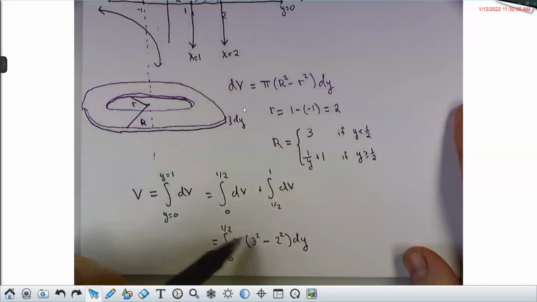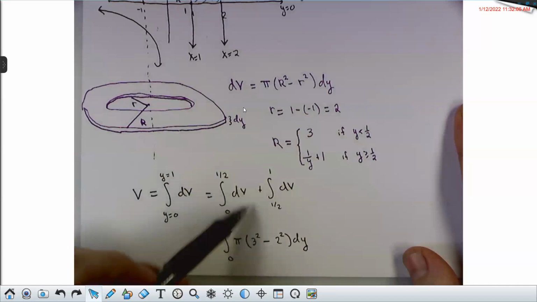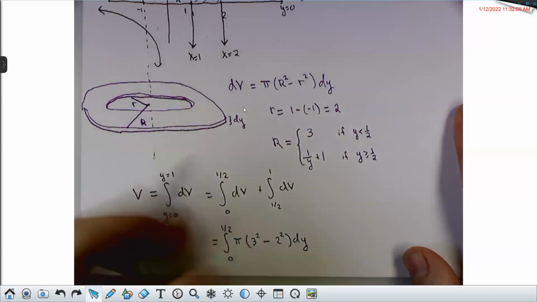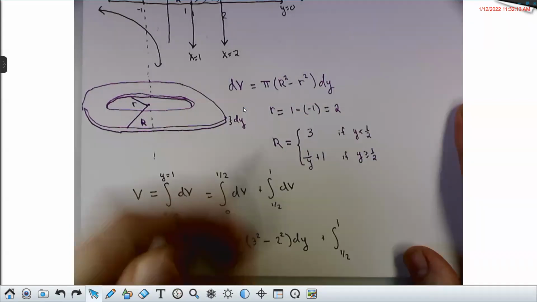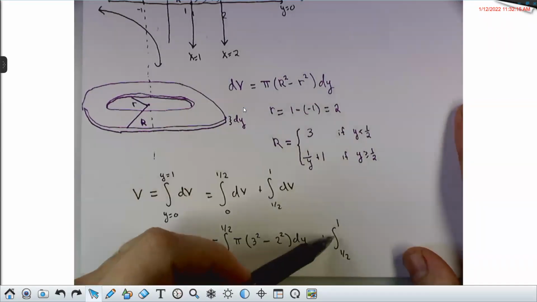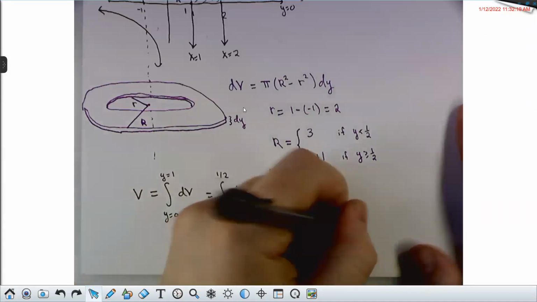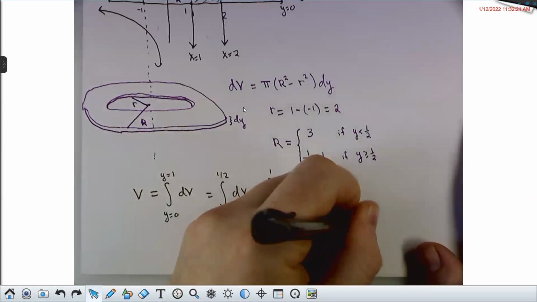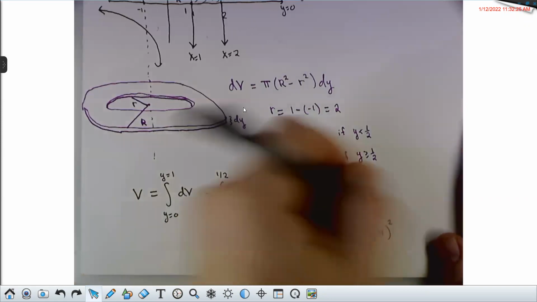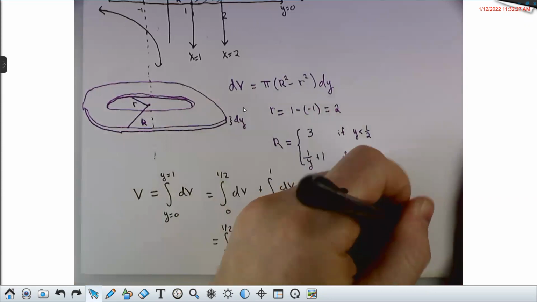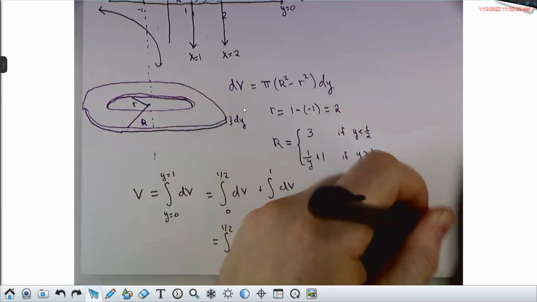This is the first integral, plus the integral from 1/2 to 1. Now y is going from 1/2 to 1. This means y is bigger than 1/2, so big R is 1 over y plus 1. So dv is pi times (1 over y plus 1) squared minus little r squared, which is still 2 squared, dy.